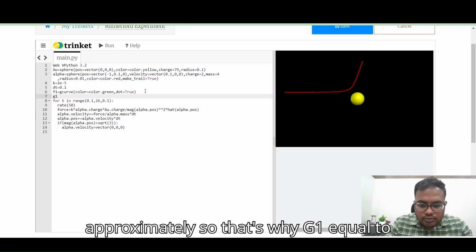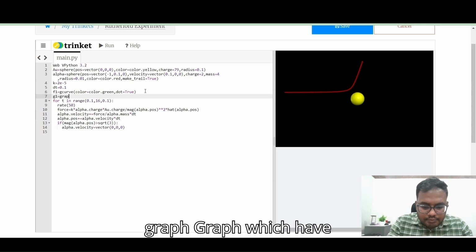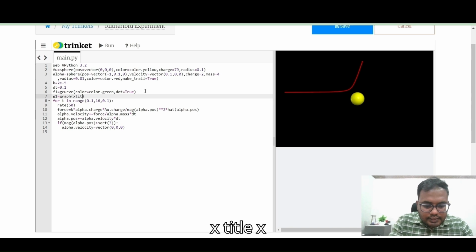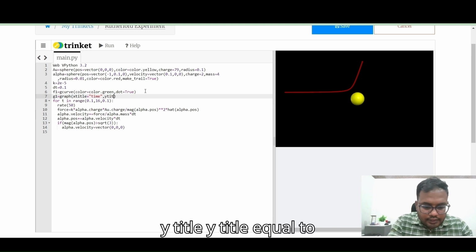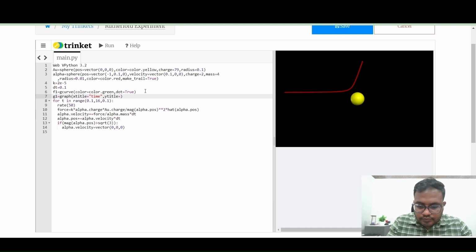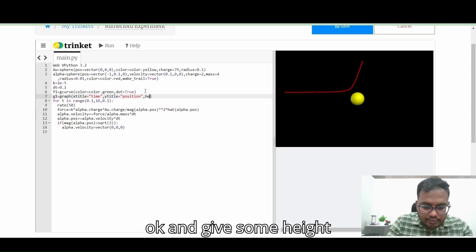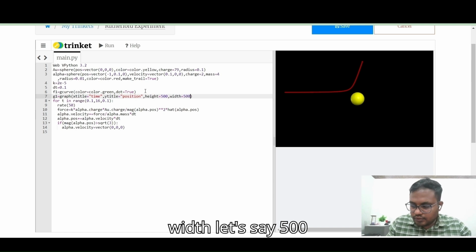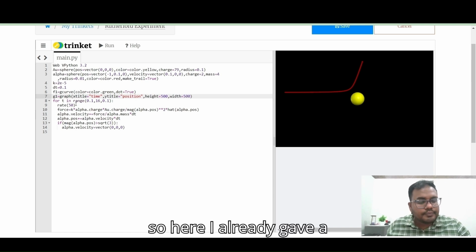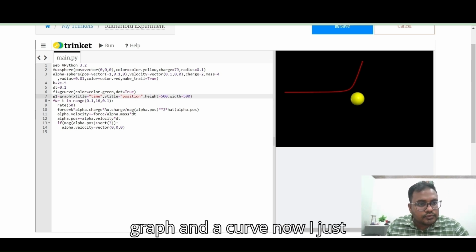So that's g1 equal to graph which has xtitle equal to, let's say, time, and ytitle equal to, let's say, position. Okay, and give some height, let's say 500, and give some width, let's say 500. So here I already gave a graph and a curve.